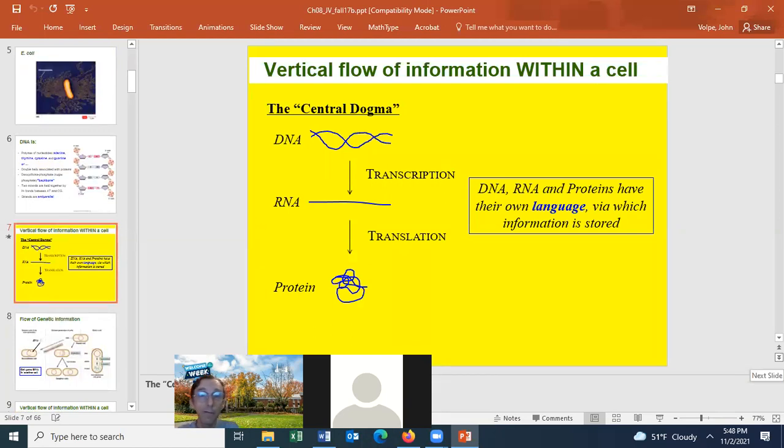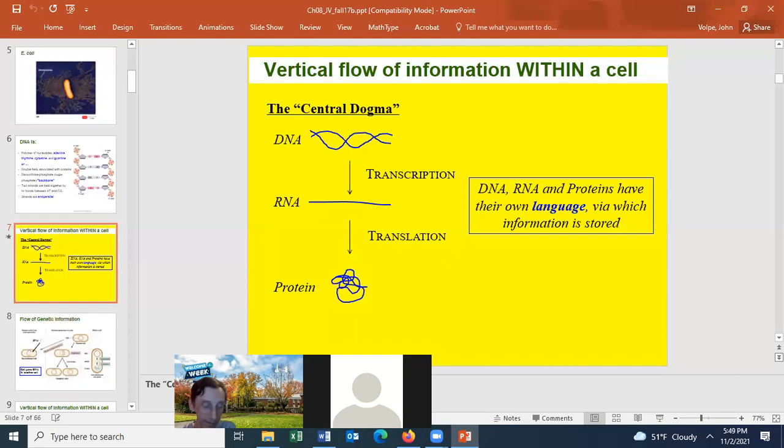The flow of information can happen in different ways. When we're talking about the flow of information within a cell, this is called the vertical flow of information. And it's also known as the central dogma, that the information flows from DNA to RNA in transcription to protein in translation.